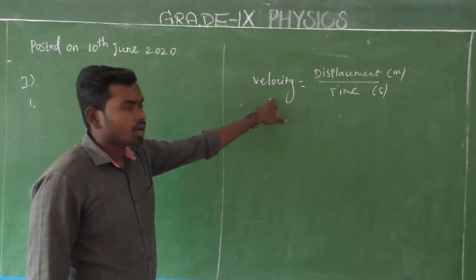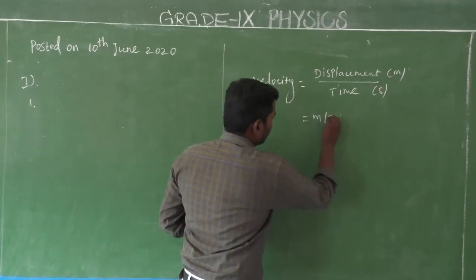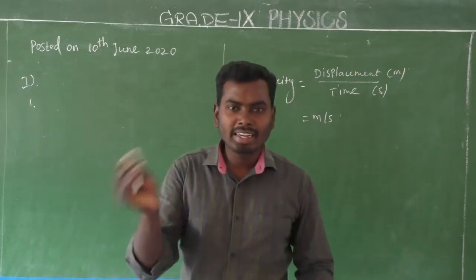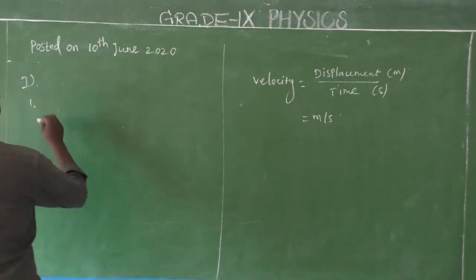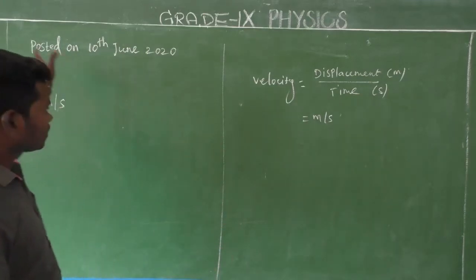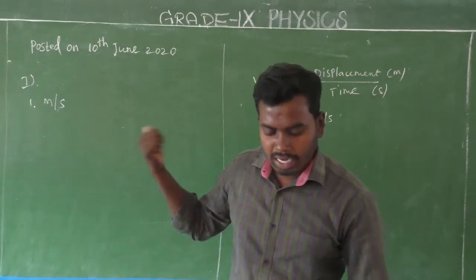So the SI unit of velocity is meter per second. So what is the answer? The SI unit of velocity is meter per second. I am going to write the answer on the left side of the board. First question answer, meter per second.